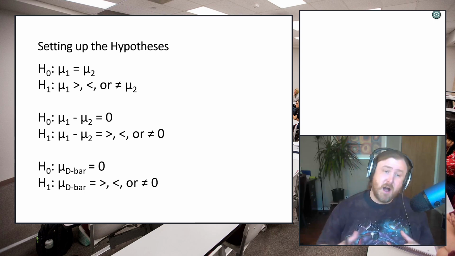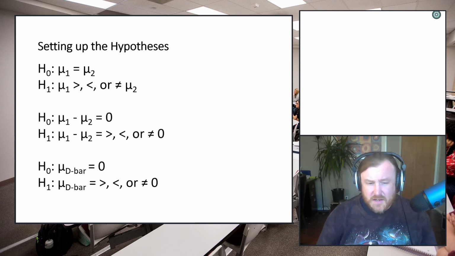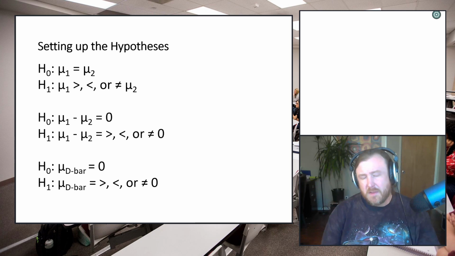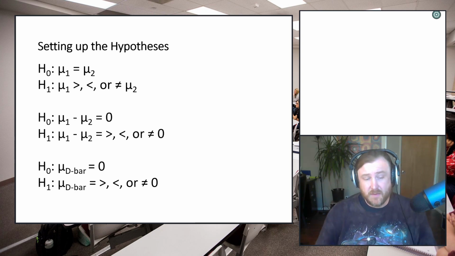It could be higher, a decrease or an increase for a directional hypothesis, or not equal to 0 if it's a non-directional hypothesis. Now, moving down to this third example, this is probably the most concise way to report a correlated groups t-test hypothesis.